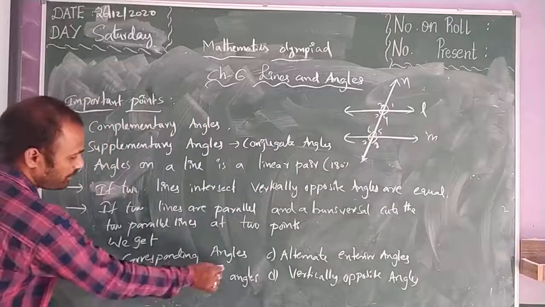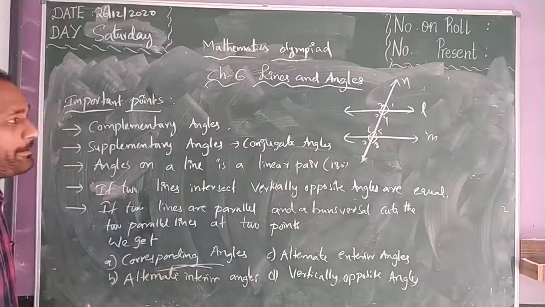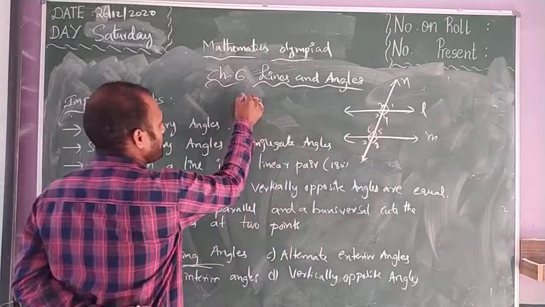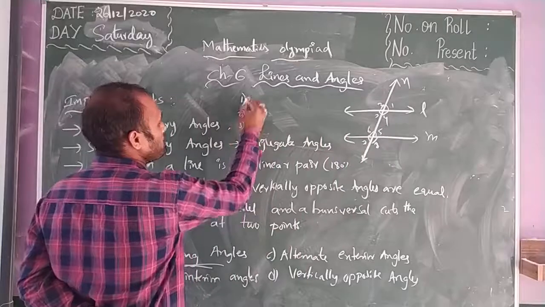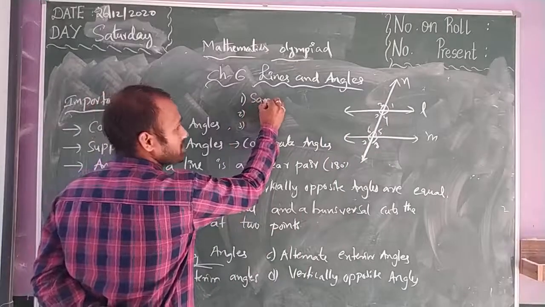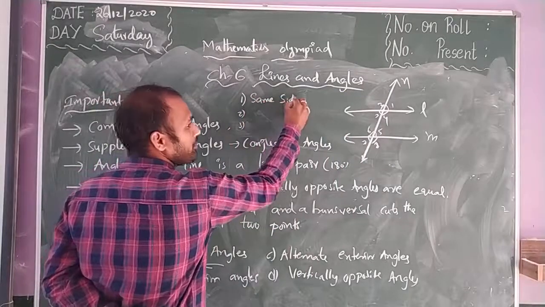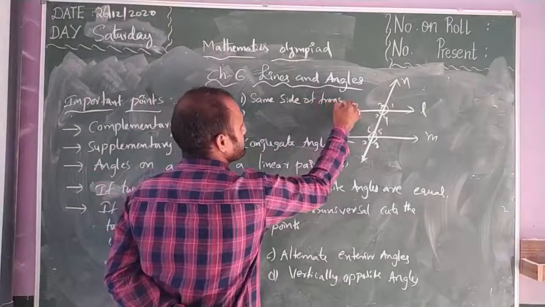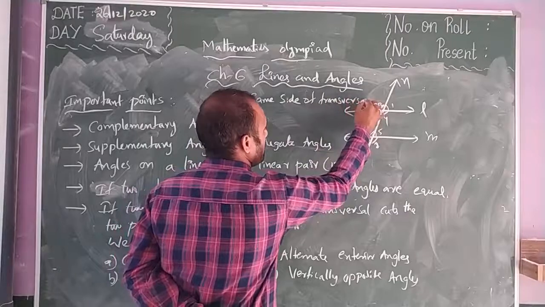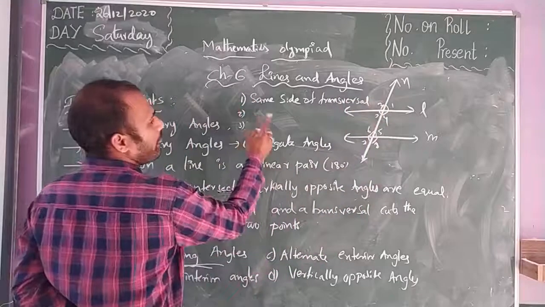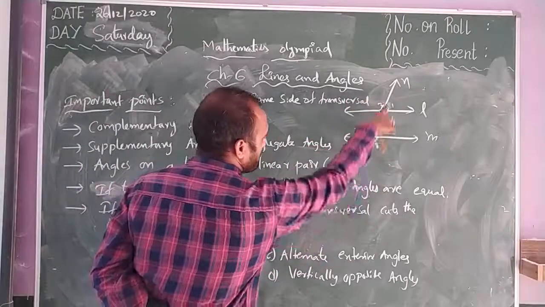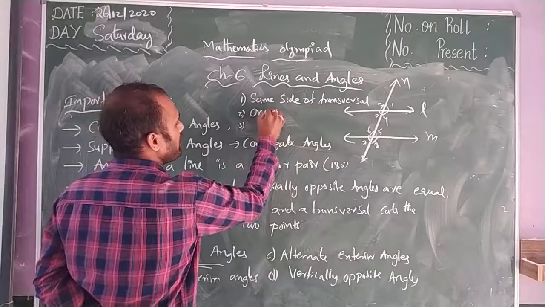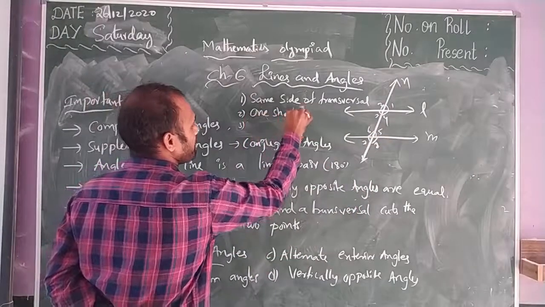So first let us try to understand what is corresponding angles. Corresponding angles are nothing but, there are 3 conditions for these corresponding angles. The first condition should be, they should be on the same side of the transversal. And one should be interior, one should be exterior.